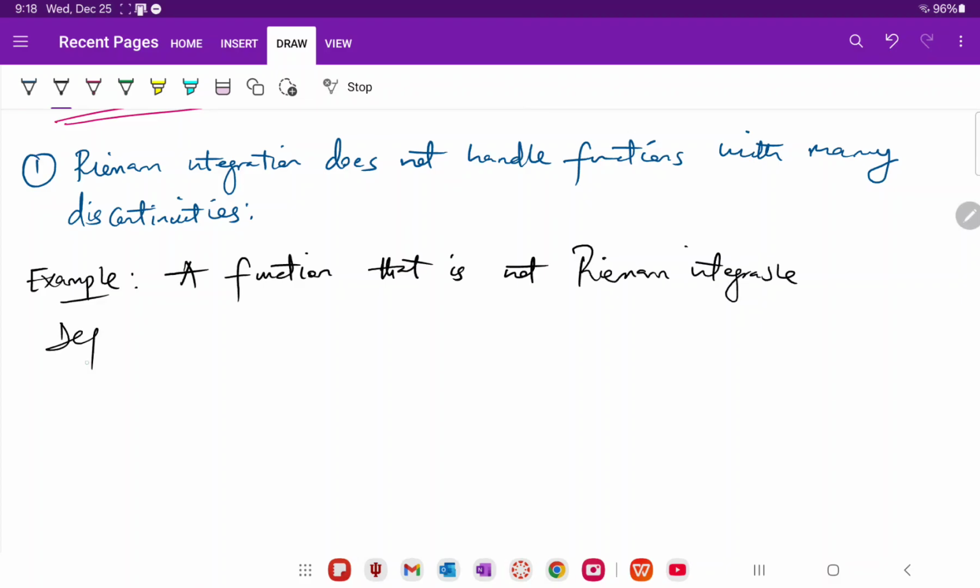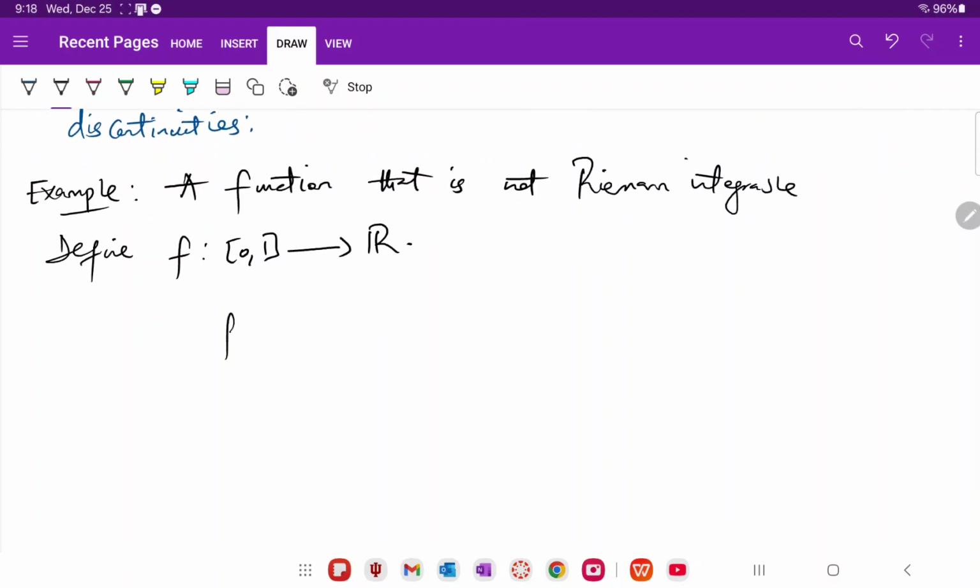So define f: [0,1] to R. So we have f of x equals 1 if x is rational, and then 0 if x is irrational.